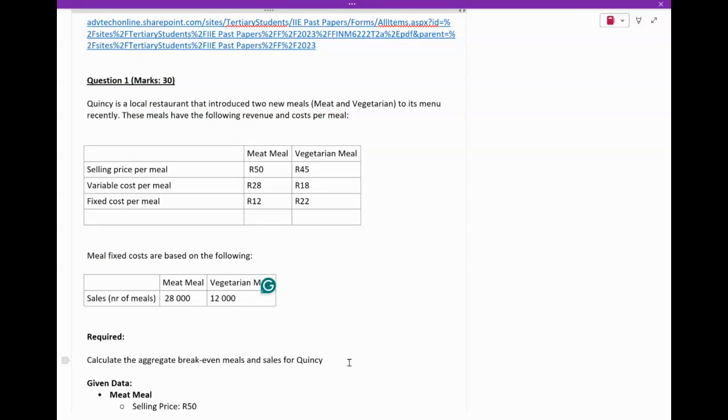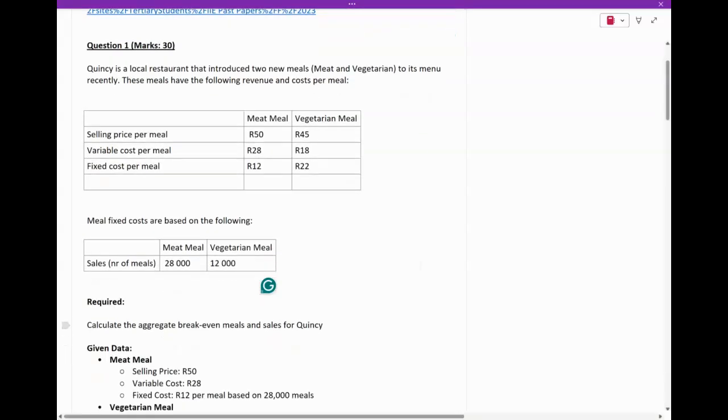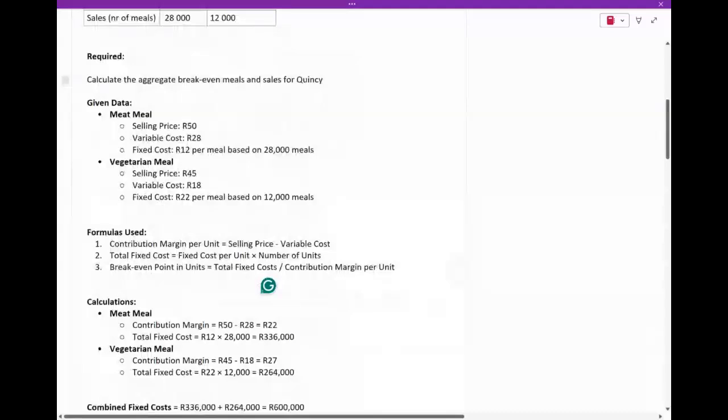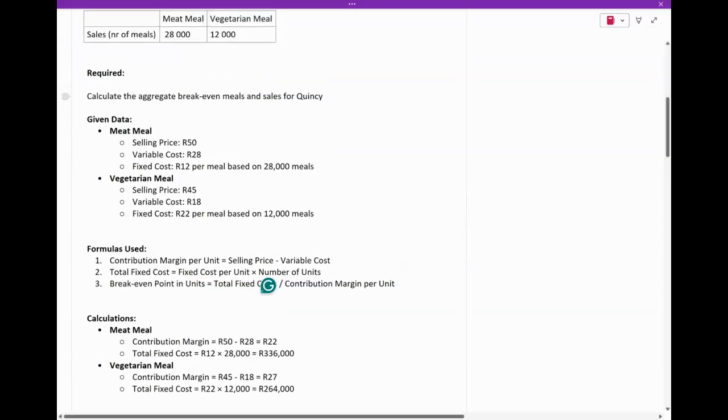The first thing, as Thomas highlighted, is we need to find our contribution margin per unit, or marginal income per unit. It's the same thing. Here again, we're just looking at the information they've given us: the selling price, the variable cost, and the fixed cost per meal based on 28,000 meals for meat.